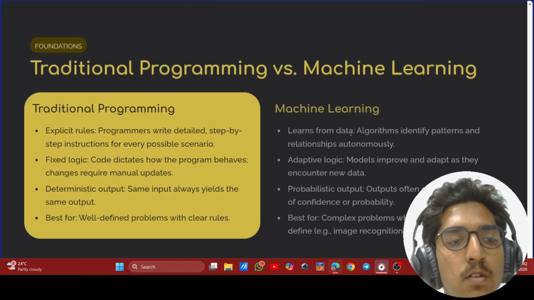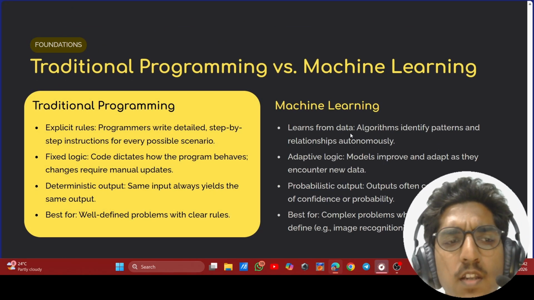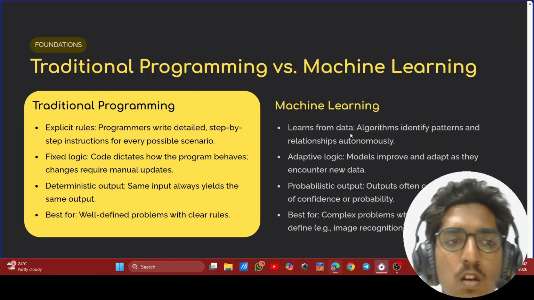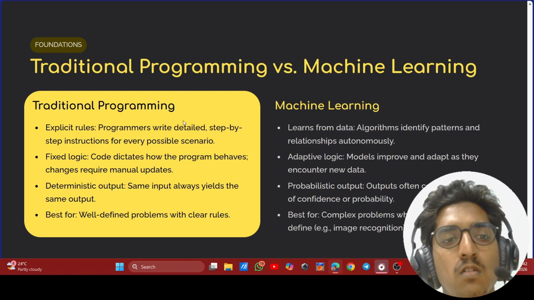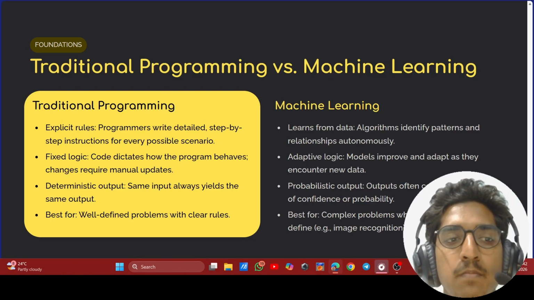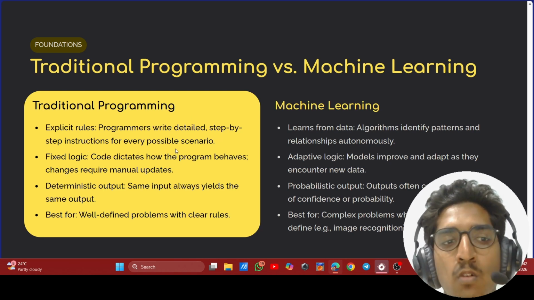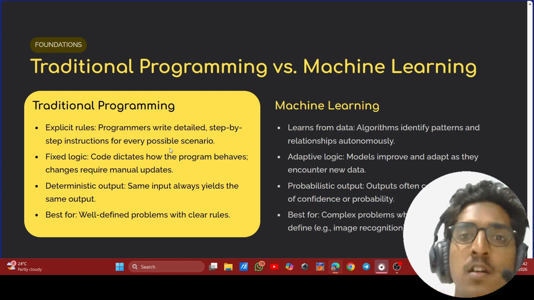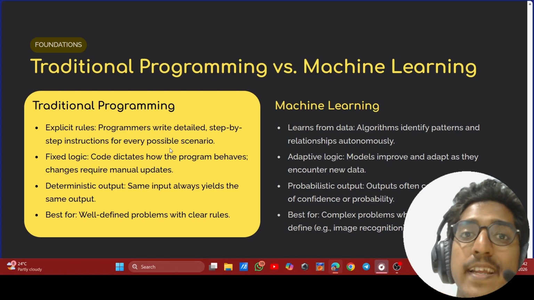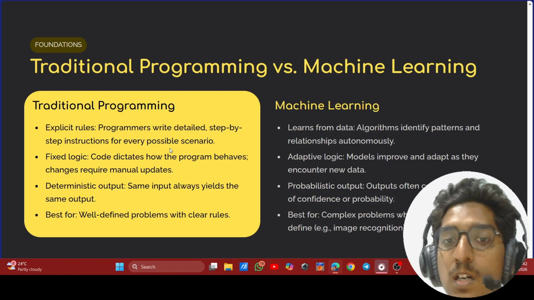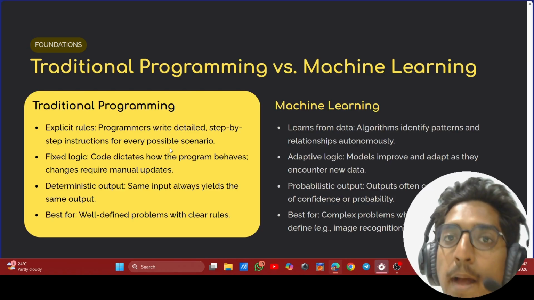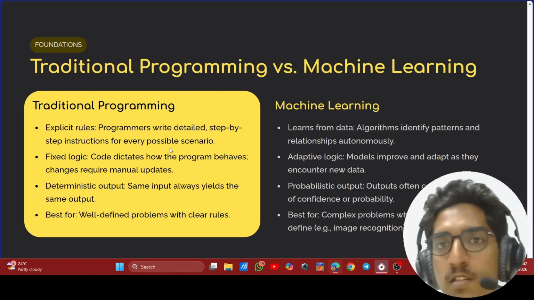So the next part which we'll be going is, what is meant by traditional programming and machine learning? In traditional programming, the programmers write detailed, step-by-step instructions for every possible scenario. Like for every scenario, the code is being written, the rule is being written. But in machine learning, the algorithm automatically identifies the patterns and gives the results.